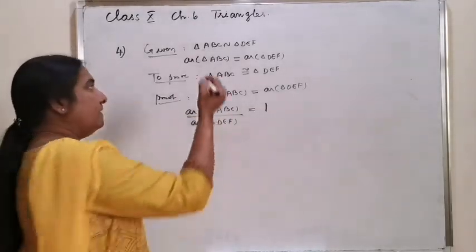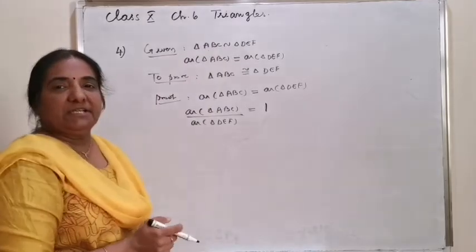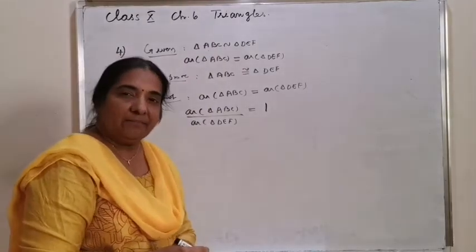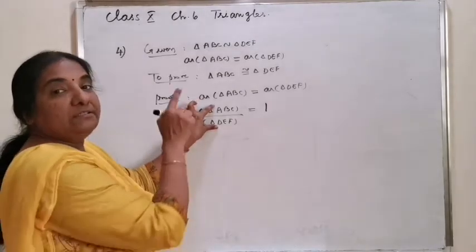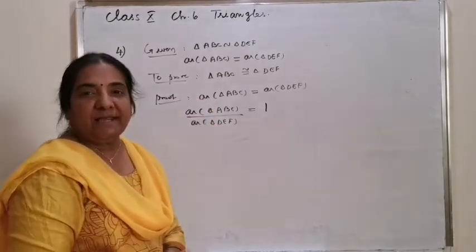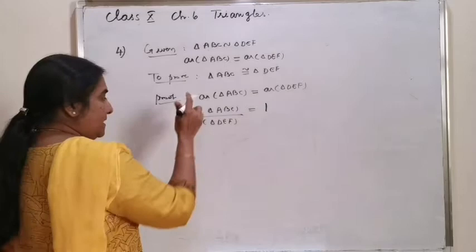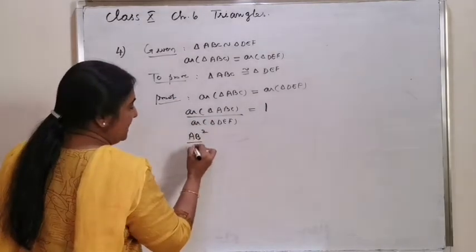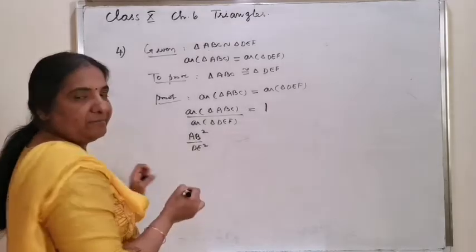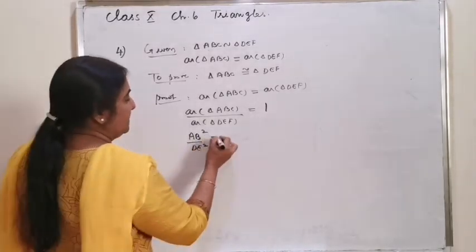Now, using the first given condition, the triangles are similar. Can we apply the area theorem for the proportional sides of this triangle? Yes. Here, the first proportional side is AB square by DE square, and that value is 1.